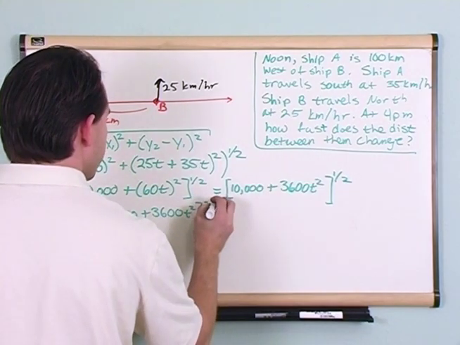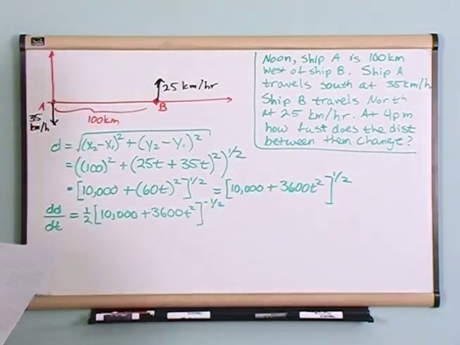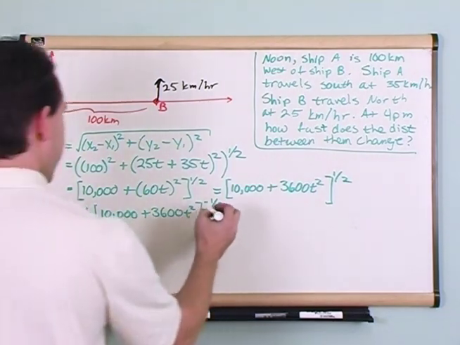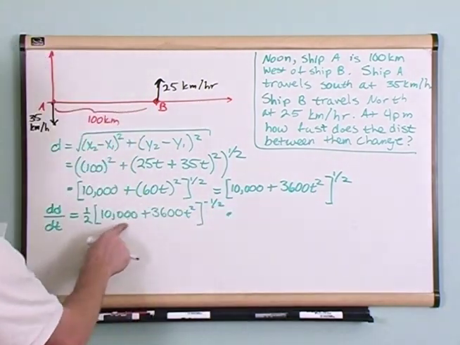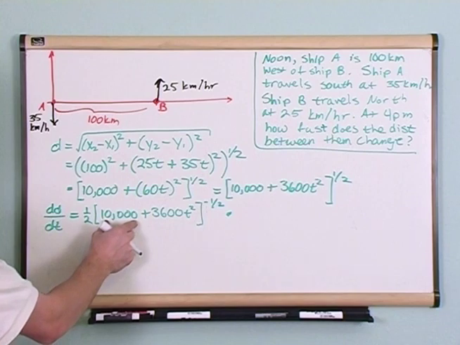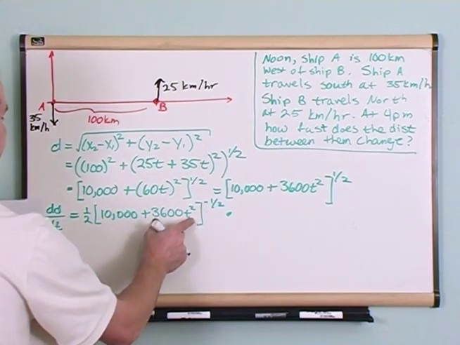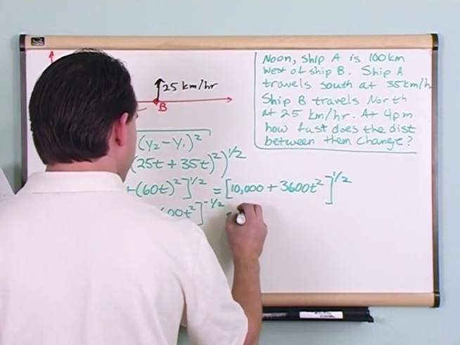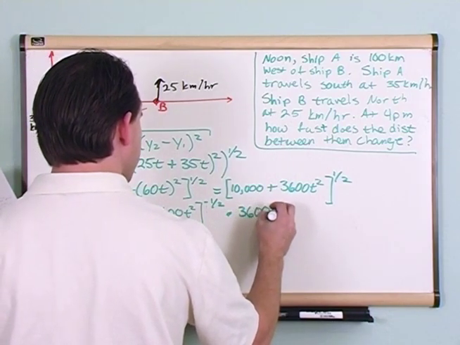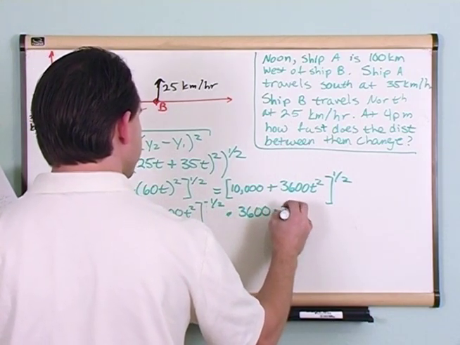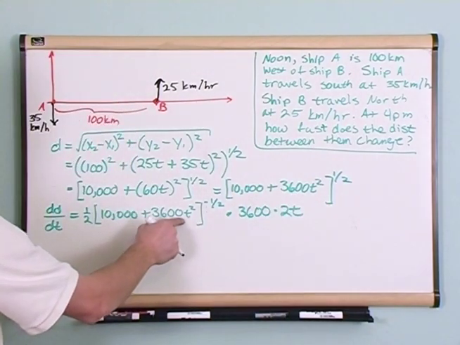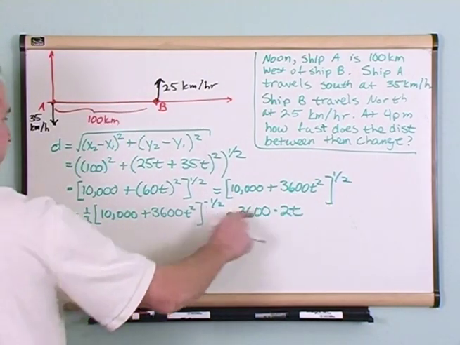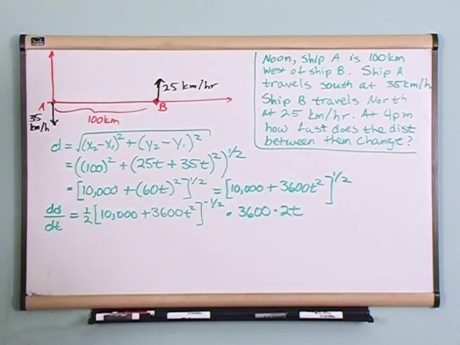The exponent is negative 1/2, because 1/2 minus 1 is negative 1/2, but I'm not done. I've got to multiply by the derivative of the inside. The derivative of this is a constant, so it's 0. The derivative of this is 3,600 times 2t. Get this constant out front, the 2 comes out of the exponent, so it's times 2, and then the exponent of t is just that.